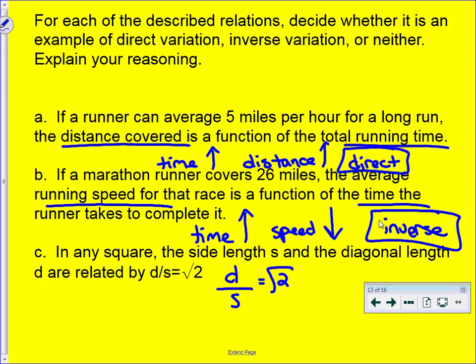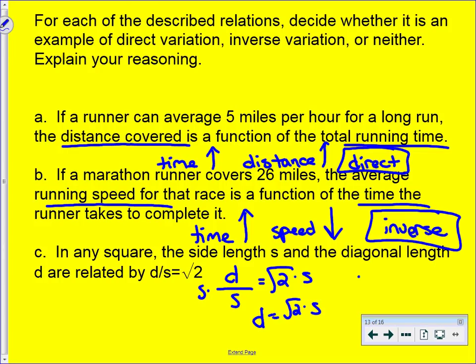So your goal in this equation is to try to get D by itself. Just like any other problem we've done, we multiply both sides by S. We have D equal to the square root of 2 times S. Looking at that equation, is this direct or inverse? There is no more division because one of the letters is fully by itself. So you have an example of direct variation.